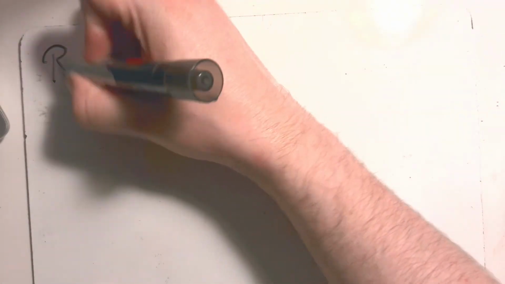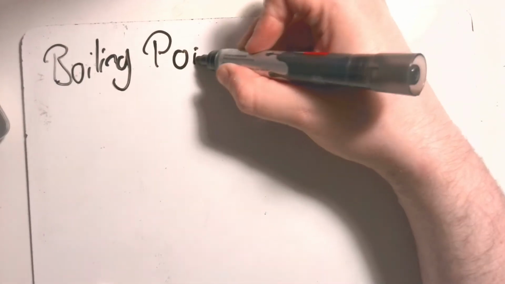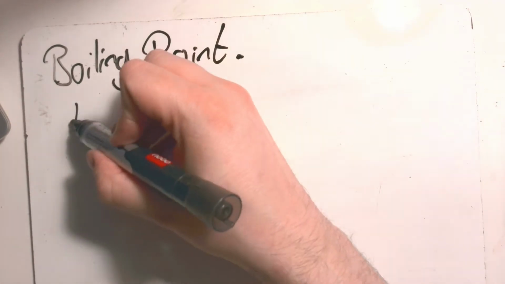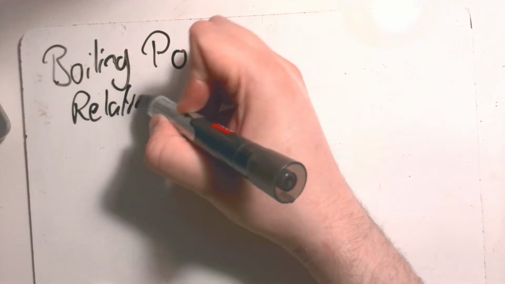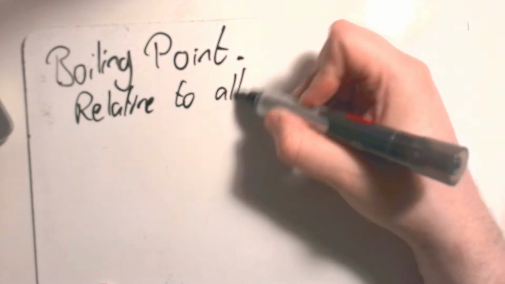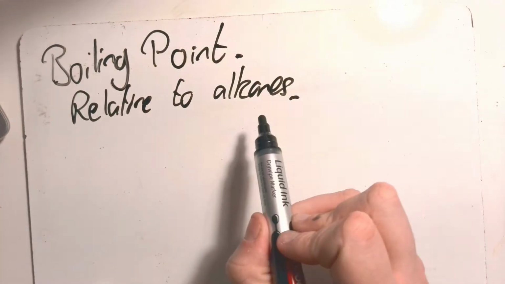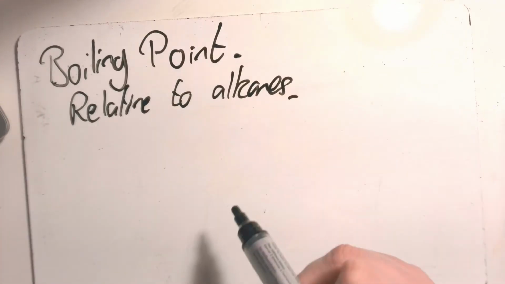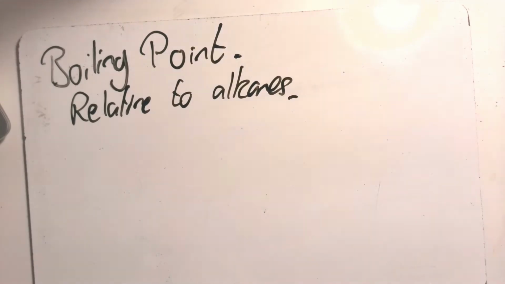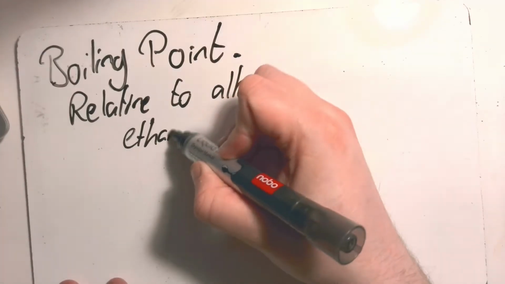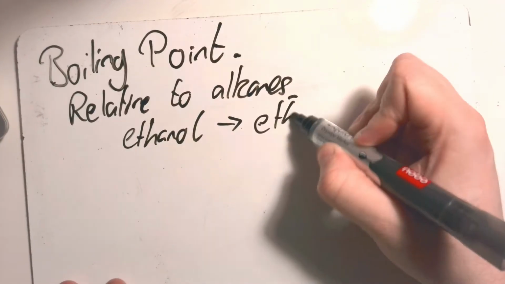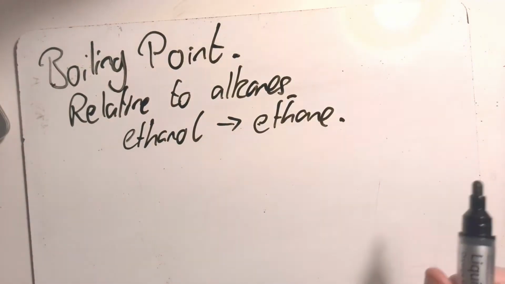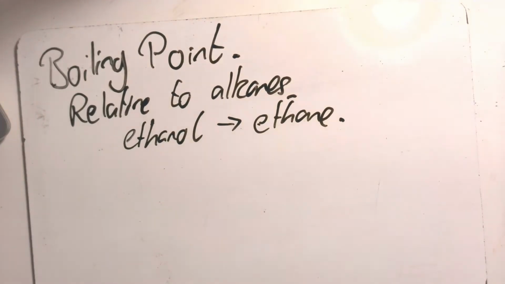Now we're going to talk about boiling point and solubility. I'm going to talk first of all about boiling point. With boiling point, we're saying it's relative to alkanes, relative to alkanes with the same chain length. So, for example, we'll be comparing ethanol with ethane, or propanol with propane.